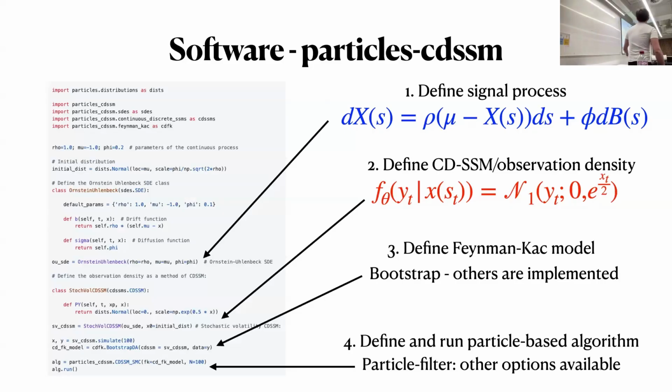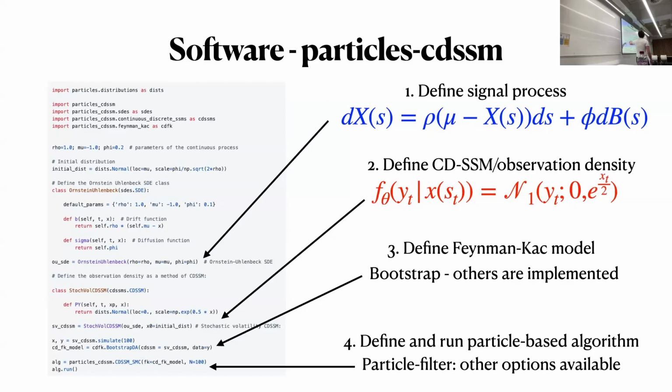And so basically I've extended the software, and it's constructed in a similar object-oriented way. In the particles package, we define a state space model as an object. Then given that state space model, we choose our Feynman-Kac model, which is basically us choosing our proposals. And then finally, we define an algorithm to implement on that Feynman-Kac model. I've basically done something similar.